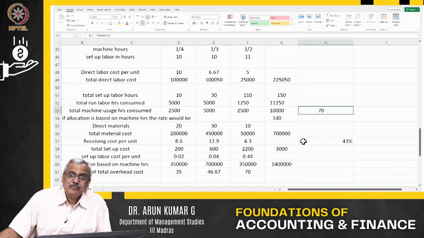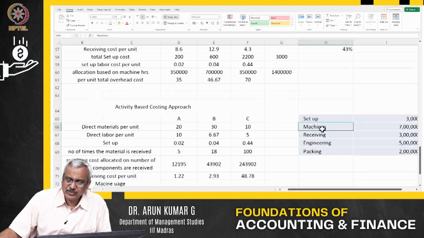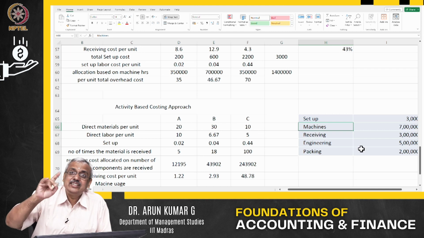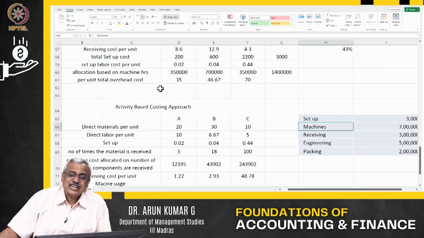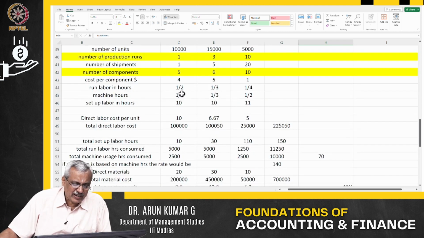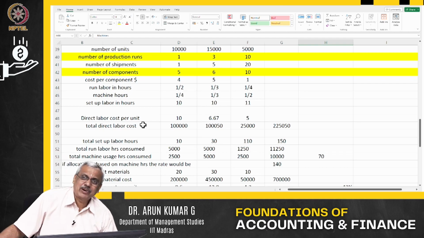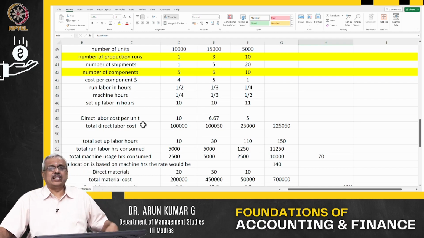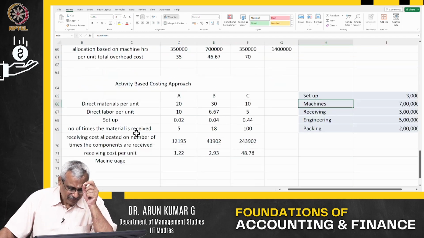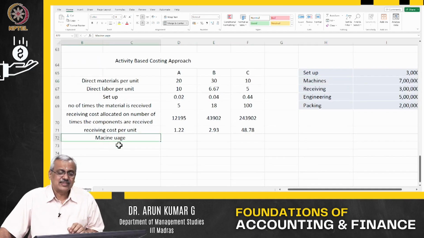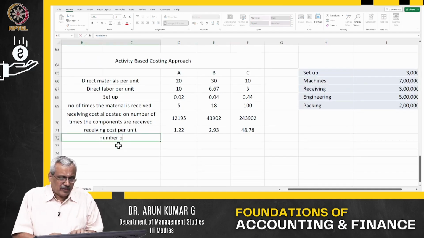So what happens? Machine usage is an activity. The activity driver is the number of hours you use the machine for every unit of the product, that is, the machine hours.